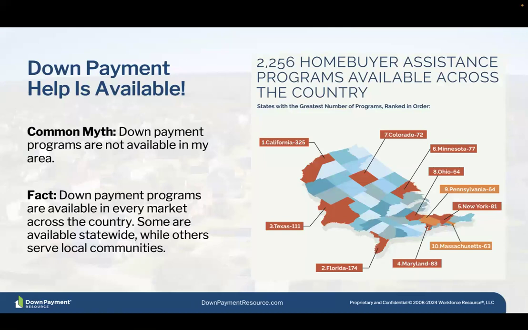But there are local nonprofits, community action agencies, housing authorities, and then, of course, municipalities, the cities and counties themselves, and many others that offer layers of local opportunities. And there are some programs that are available nationwide as well. So there are layers of assistance. There's literally no county in the country where there isn't some form of help available. And in most markets, there are layers of national, state, and local opportunities for down payment help, closing cost help, tax credits, affordable first mortgages, and more.